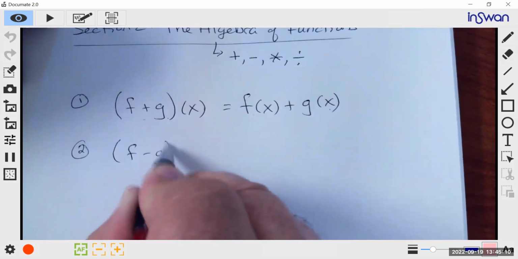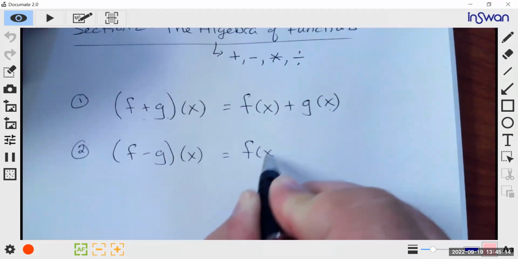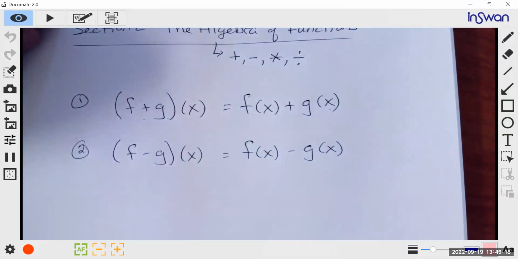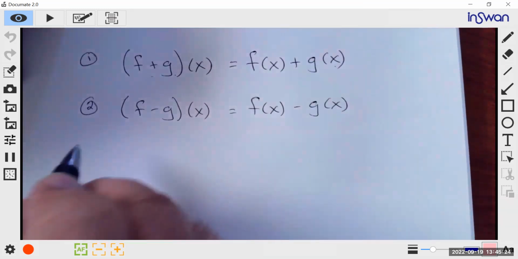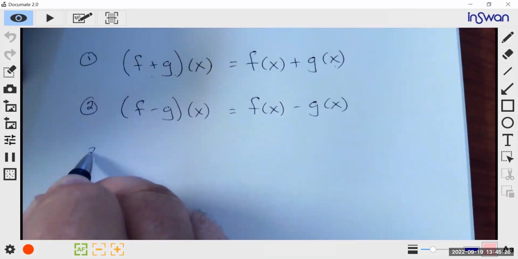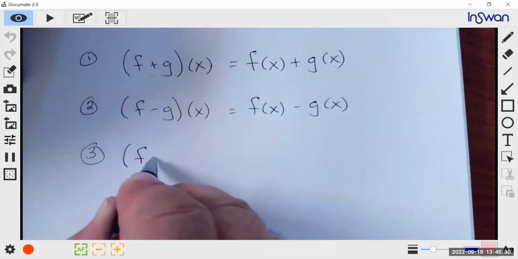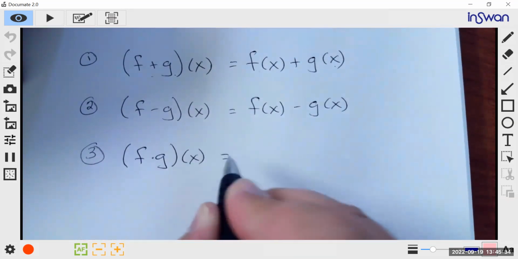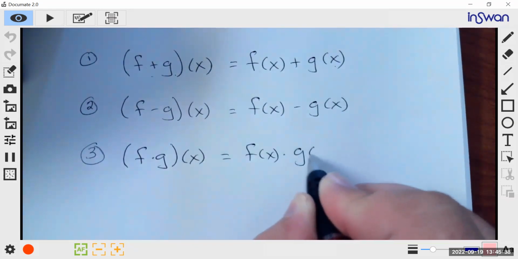F minus g of x is the same thing as f of x minus g of x. F times g of x is the same thing as f of x times g of x.